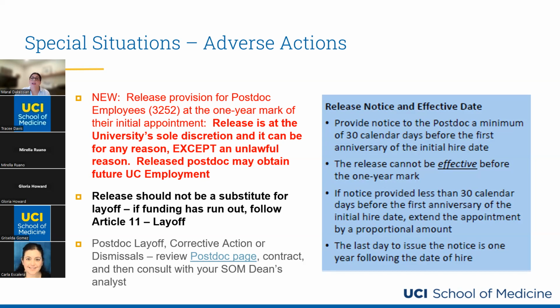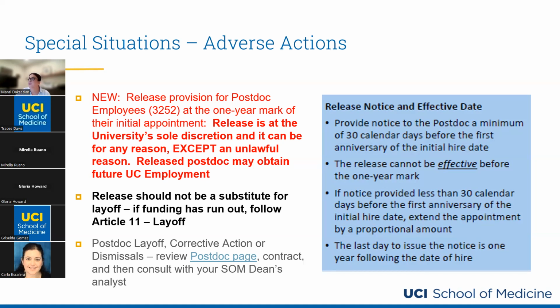And it says here, the last date to issue the notice is 1 year following the date of hire. So using that example again, July 1 to June 30th, if you know that you're going to release someone and you didn't have time to give a 30-day notice, and now it's June 29th, you have to give that notice no later than June 30th. And then you're going to have to extend the appointment for 30 days to give them that 30-day notice period.